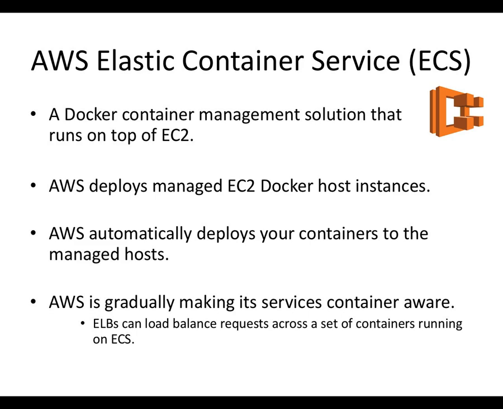Amazon will manage that EC2 instance for you, and then they'll deploy your Docker container on that instance. It's a pretty basic, straightforward process. The containers that it deploys, it doesn't do with any great level of sophistication.